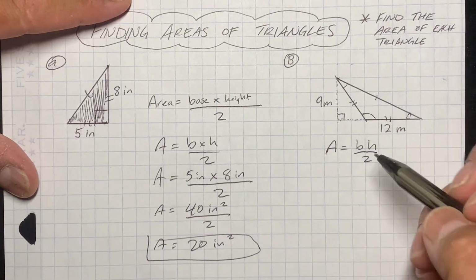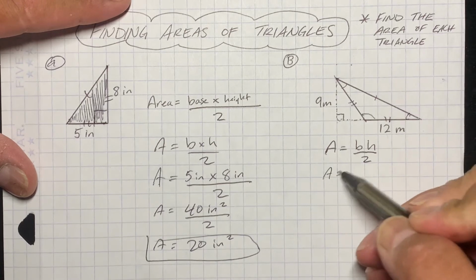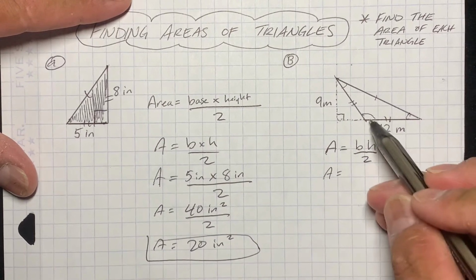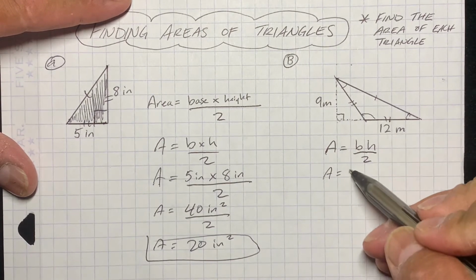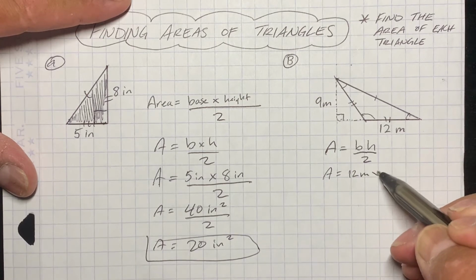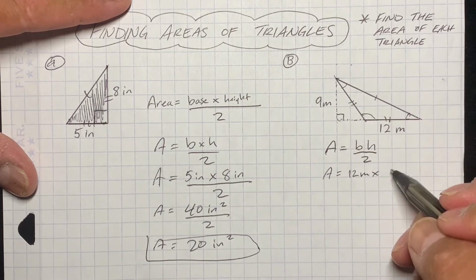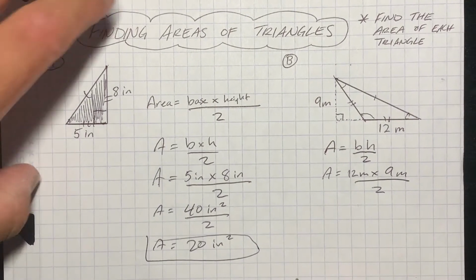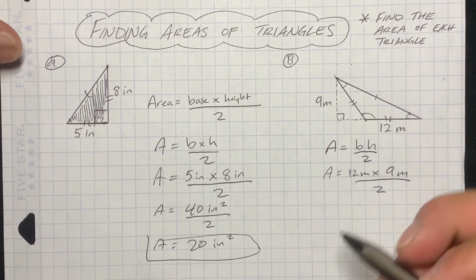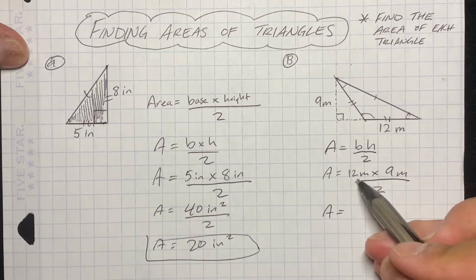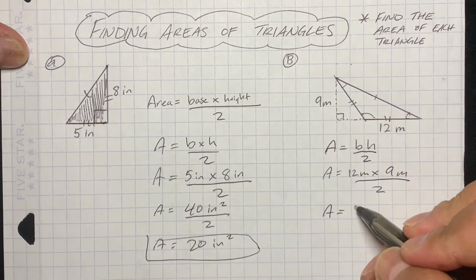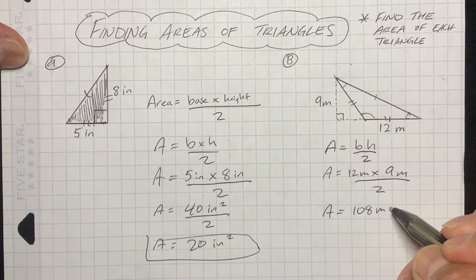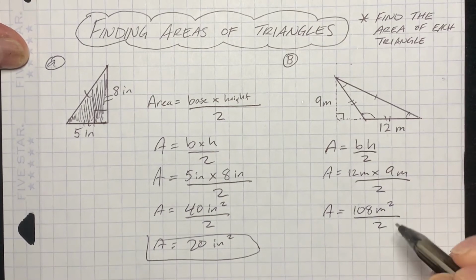All right, so again, let's plug in the information, substitute for the variables. Now our base here is 12 meters times our height, 9 meters, divided by 2. Then we just multiply. So 12 times 9 is going to be 108 meters squared divided by 2.